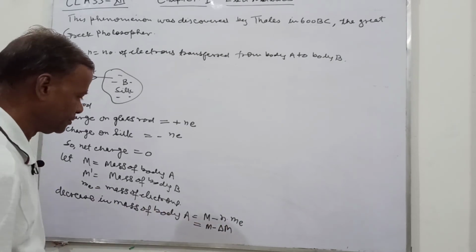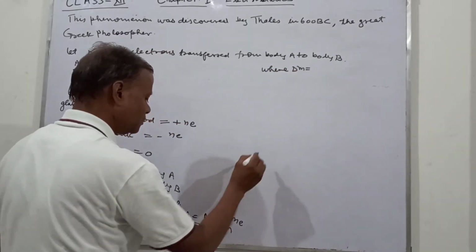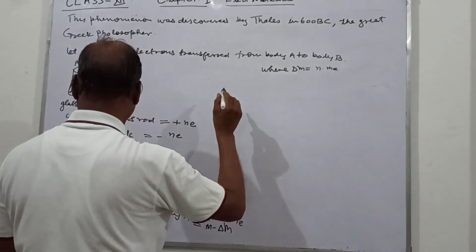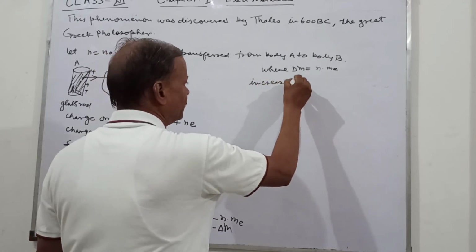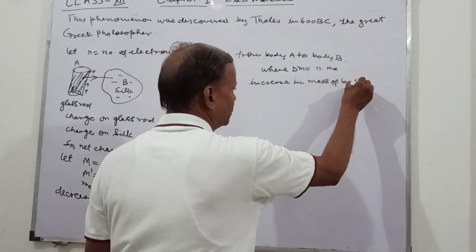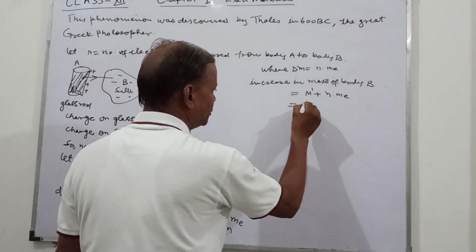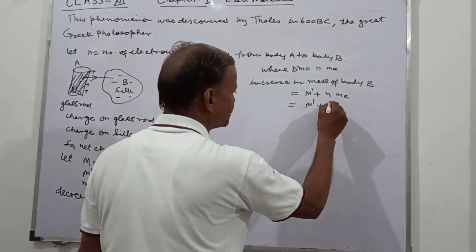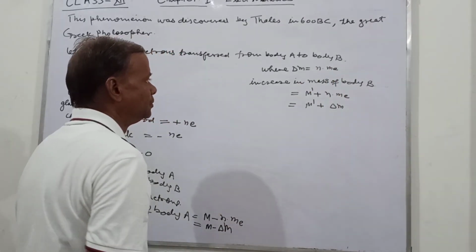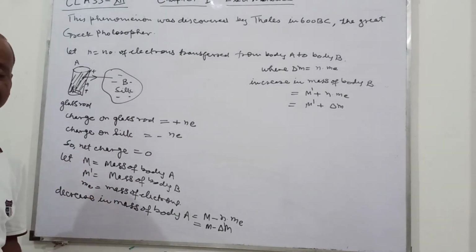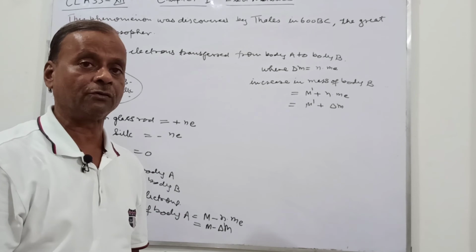where delta M equals n me. And the increase in mass of body B: the new mass is M dash plus n me, or M dash plus delta M, where delta M is again equal to n me. So when two bodies are rubbed with each other and there is a transfer of electrons, the body which loses electrons will have less mass, and the body which gains electrons will have more mass.